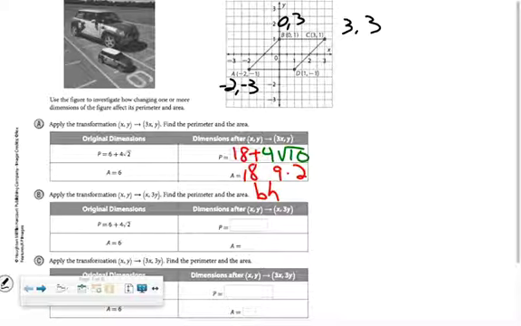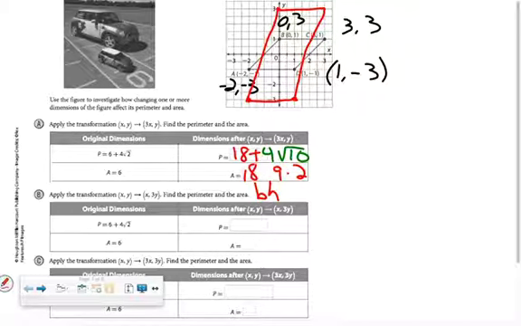And D prime would be 1, -3. So again, sometimes it helps to sketch things out. 0, 3, 3, 3, -2, -3, and 1, -3. So this would be this parallelogram.